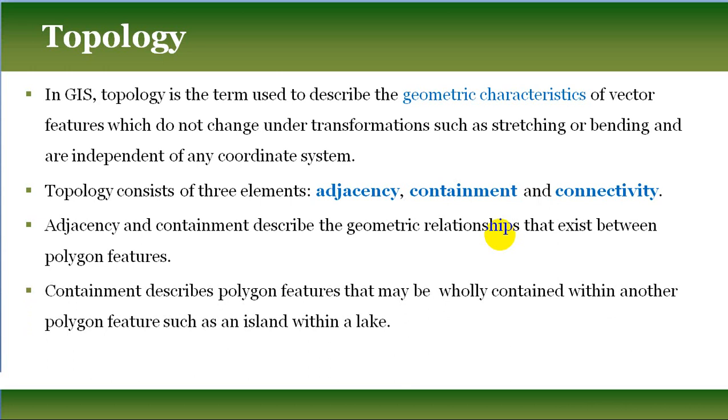One polygon feature is totally contained by another polygon feature. For example, an island within a lake. Here the island geographical feature is totally contained by another geographical feature, the lake.